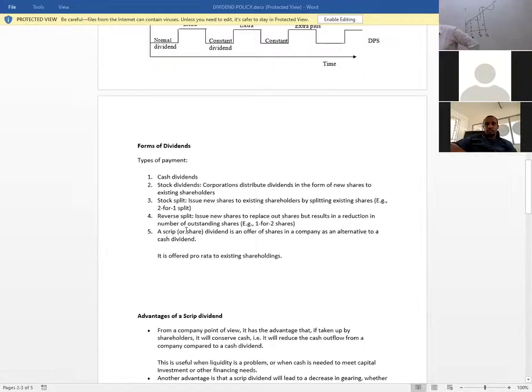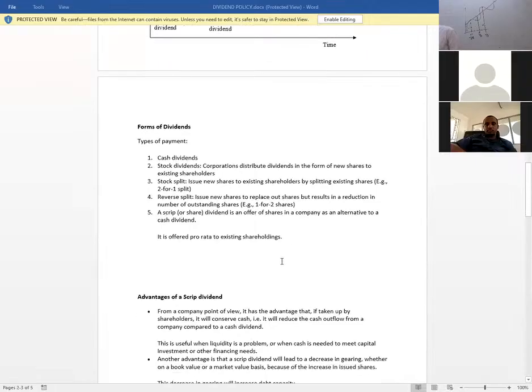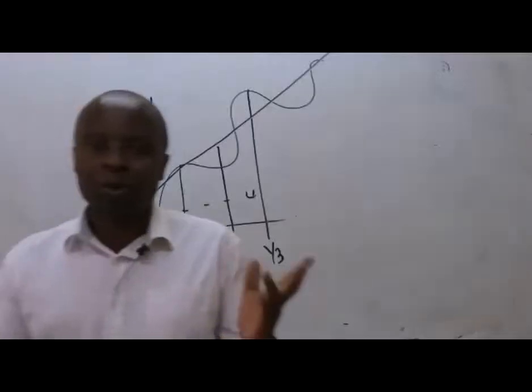You need to know under scrip or share dividend is an offer of shares, just like the stock dividends. So under a scrip, if somebody asks you what is a scrip dividend, it's an offer of shares in a company as an alternative to cash dividend. So under scrip mode, ladies and gentlemen, we are giving you two options.